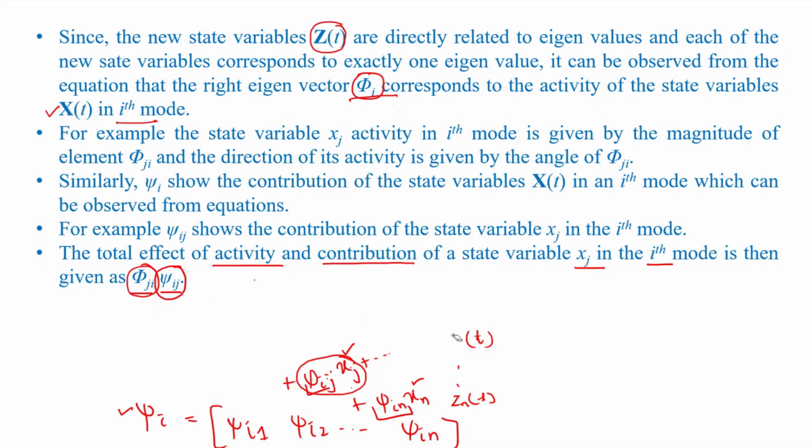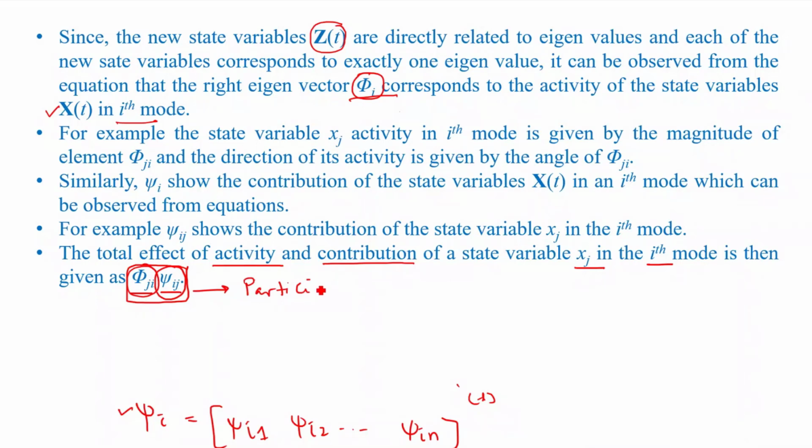So therefore both phi ji and psi ij are important. By combining these two, this will give us the participation of the jth state variable in the ith mode. So this phi ji into psi ij combined is known as the participation of the jth state variable in the ith mode.